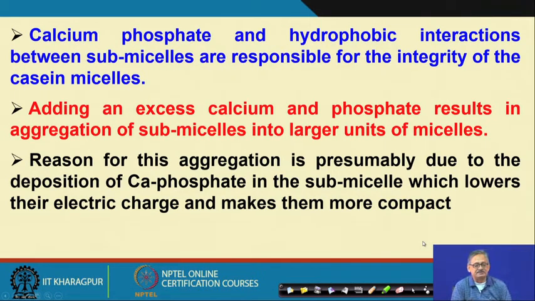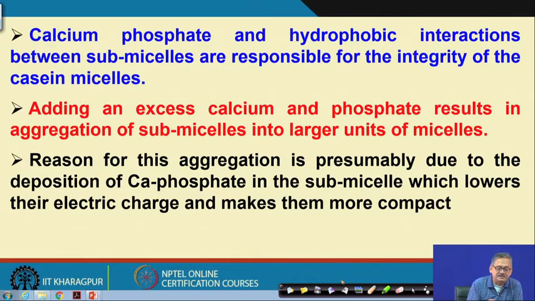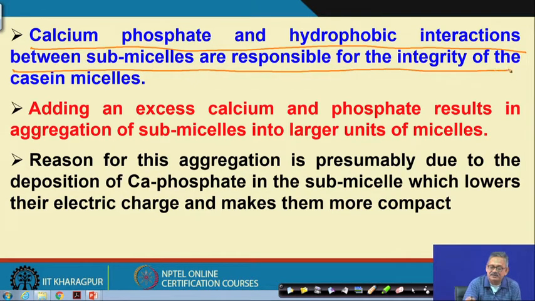And calcium phosphate and hydrophobic interactions between sub-micelles are responsible for the integrity of the casein micelle, right. The phosphates present in casein are hydrophilic, so they counteract the hydrophobicity, and the more phosphate groups there are, the better the colloidal stability.